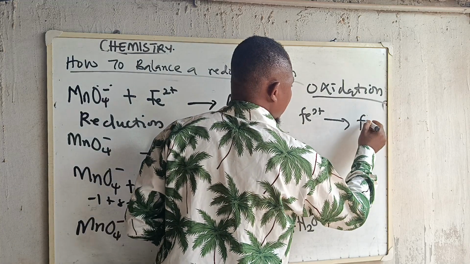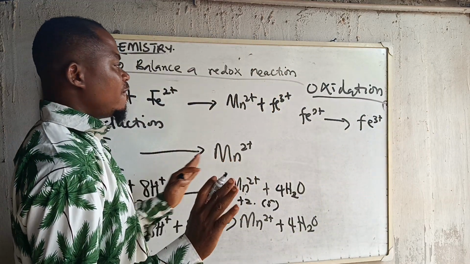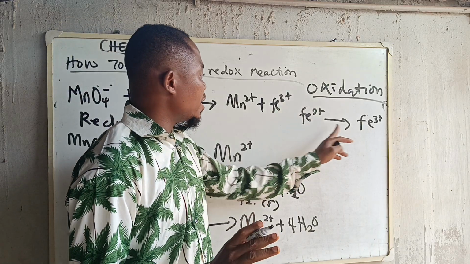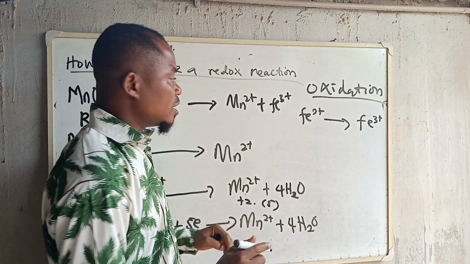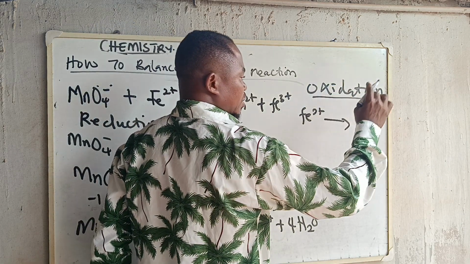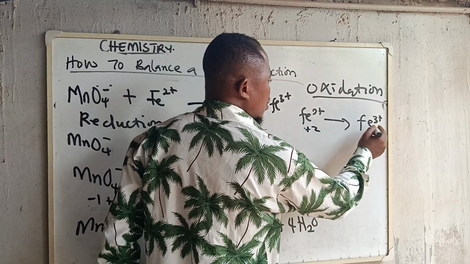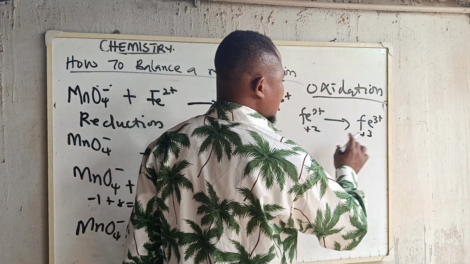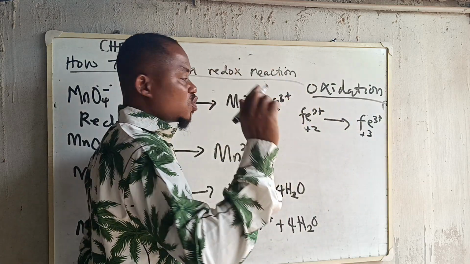Fe3 plus. In this case, the number of atoms are balanced. We have 1 ion here, we have 1 ion there. Now, what we need to balance is the number of charge. Remember, oxidation is the loss of electron. On this side Fe2 plus, 2, on this side plus 3. So how many electrons are involved in this process? Just 1. 3 minus 2 is 1.